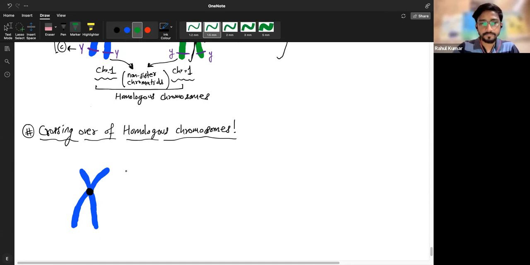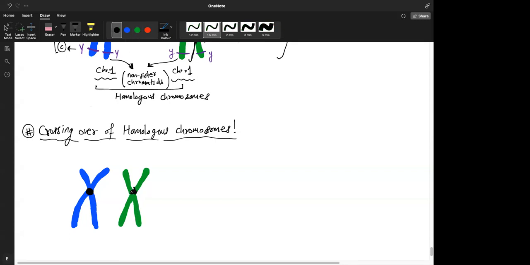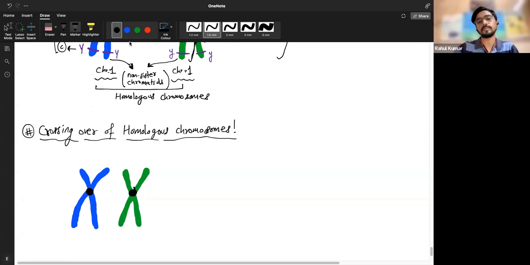And then we have the homologous pair. This is the centromere.